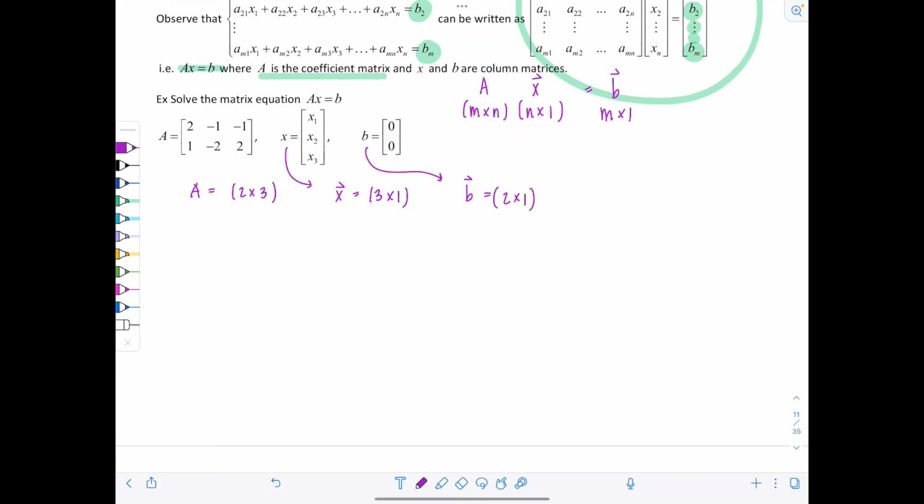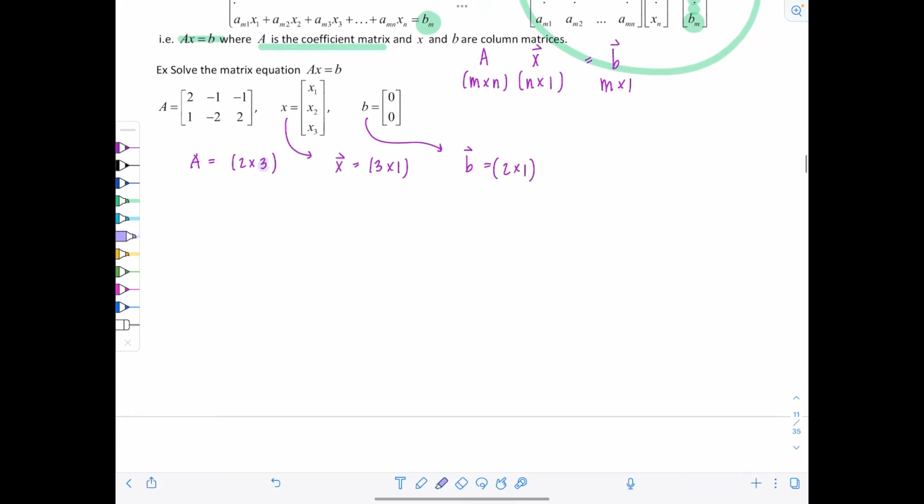Does this check out? Well, let's see. These are the same. Columns of A matches rows of X. These are the same. So yes, we are allowed to multiply A and X. And the result is going to be a 2 by 1, which is precisely the size of column vector B. Okay, so everything's good. AX equals B checks out.